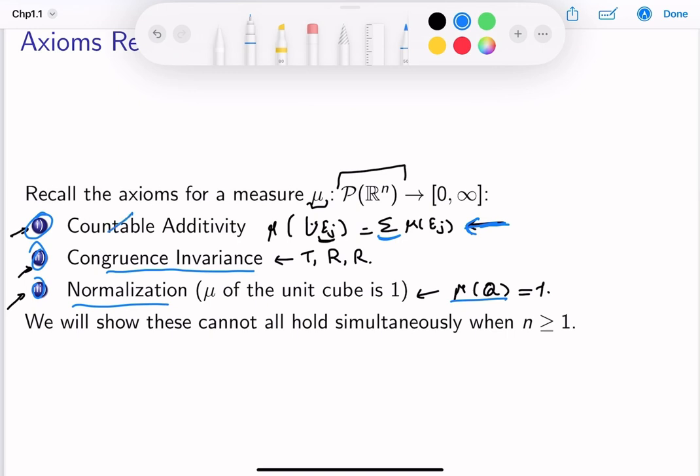Restricting this to finite additivity is not a good idea, and we can't ignore these properties.